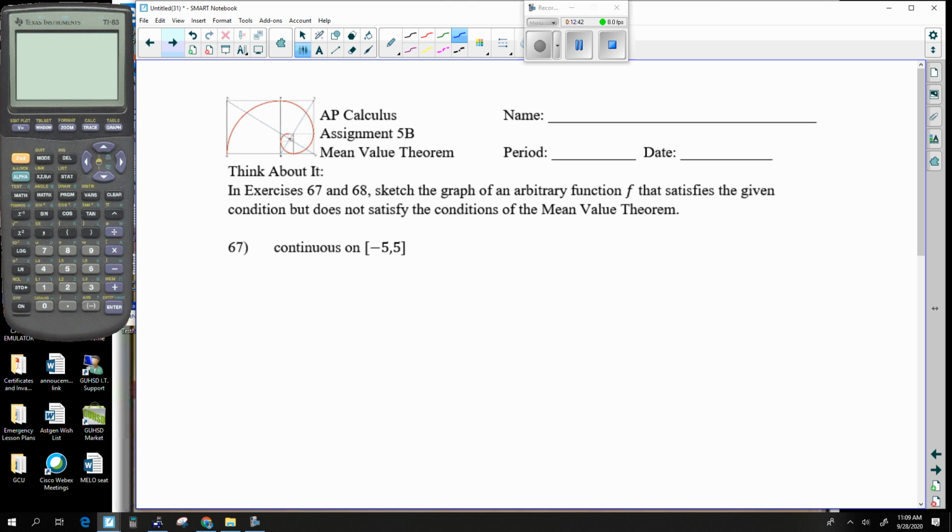Okay, so in these, sketch a graph of just a random function, anything you want, that gives the condition but does not satisfy the conditions of the mean value theorem. So again, the mean value theorem punchline is this: it has to be continuous and it has to be differentiable.